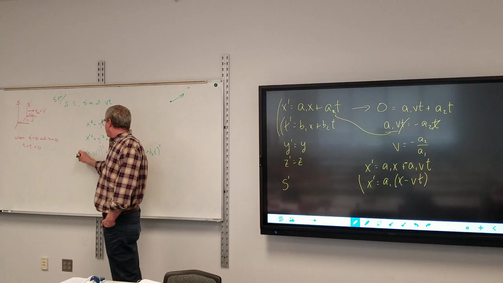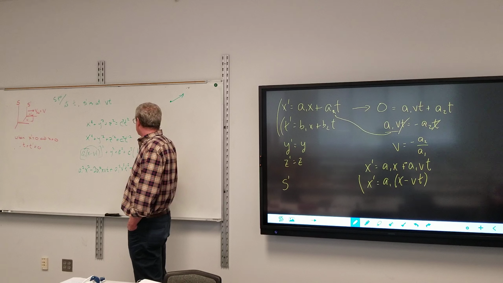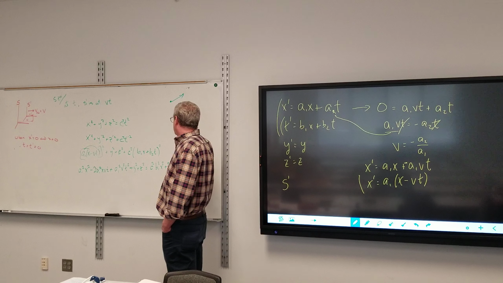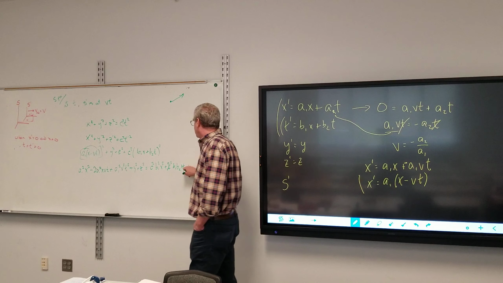So if I factored in and squared, I get a1 squared x squared minus 2 a1 squared x vt plus a1 squared v squared t squared plus y squared plus z squared equals c squared b1 squared x squared plus c squared 2 b1 b2 xt plus c squared b2 squared t squared.